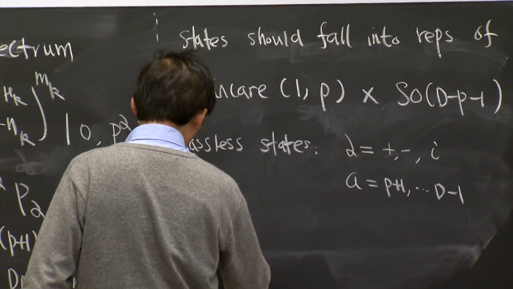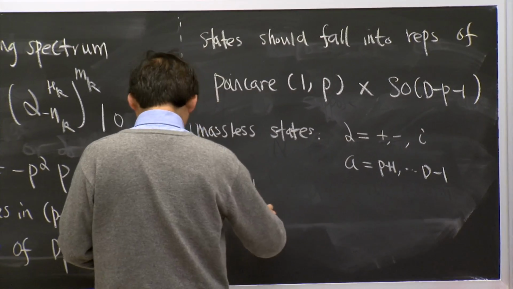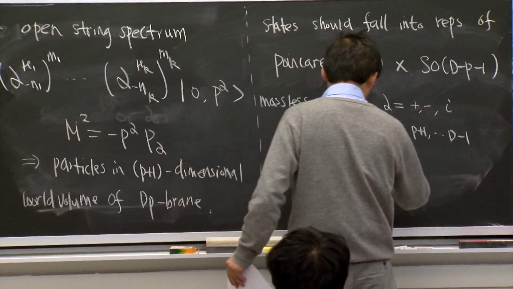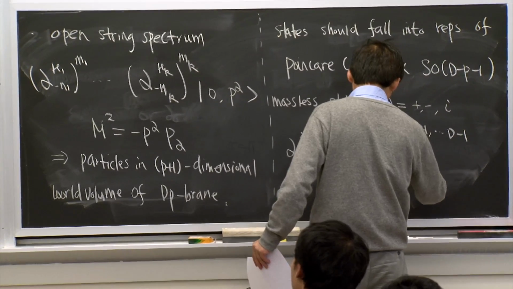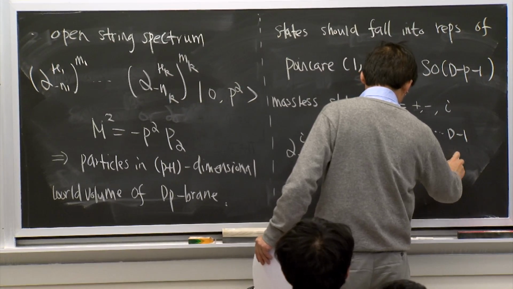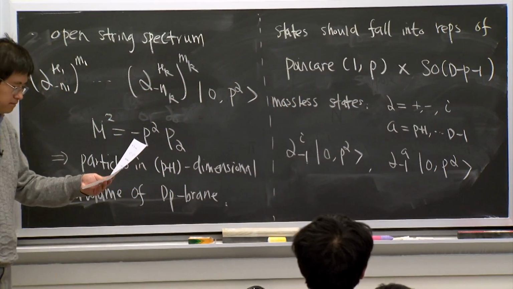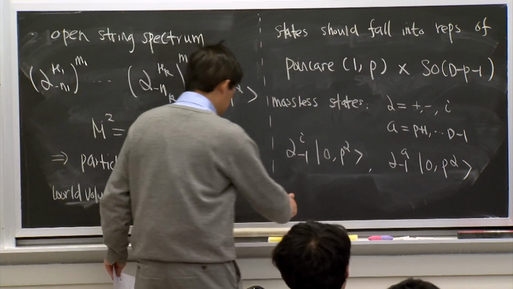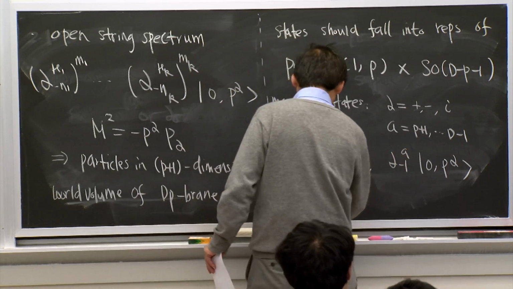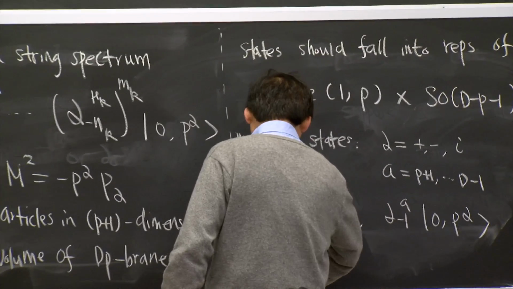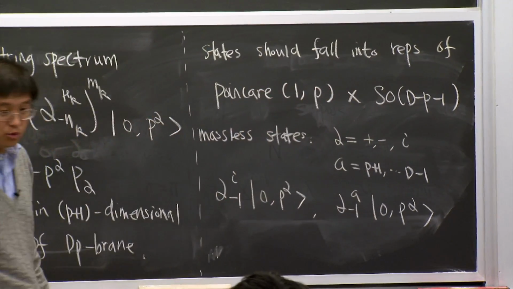You have alpha minus 1 I acting on p alpha, and alpha minus 1 A acting on p alpha, plus an infinite number of massive modes.